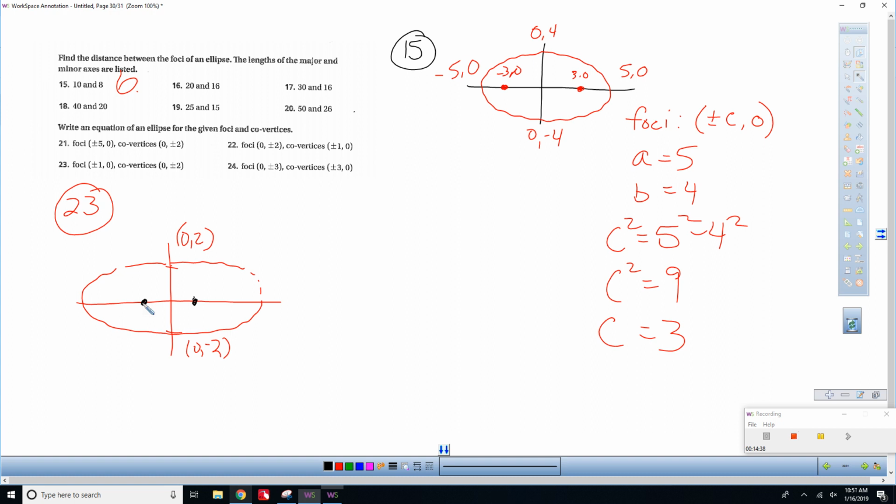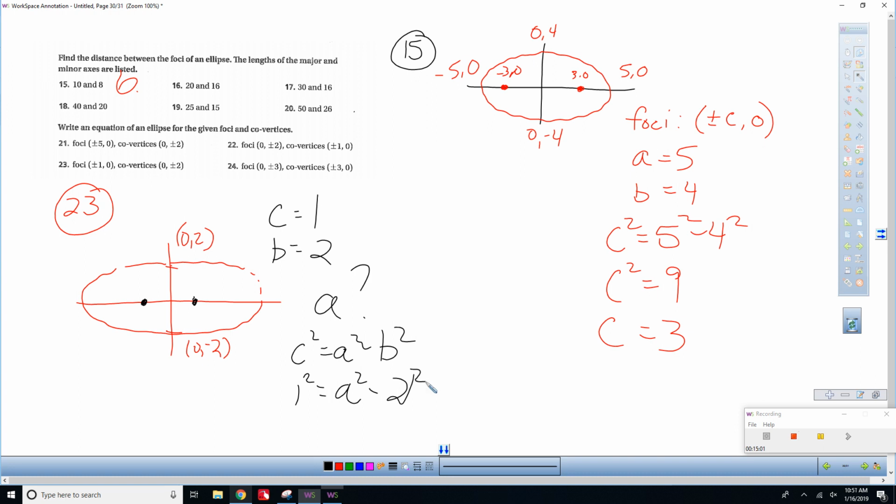Okay, so C equals 1, B equals 2, and we're looking for A. Well, this isn't that hard. C squared is A squared minus B squared. So 1 squared is A squared minus 2 squared.